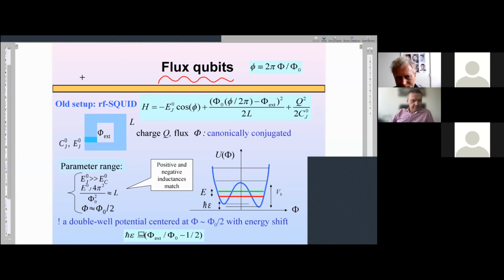It would be funny to arrange a system where there are two minima close to each other, separated by a small distance. Then the states which would form a quantum superposition are the states which are either in the left or in the right minimum. Good. How to make it from a Josephson junction?